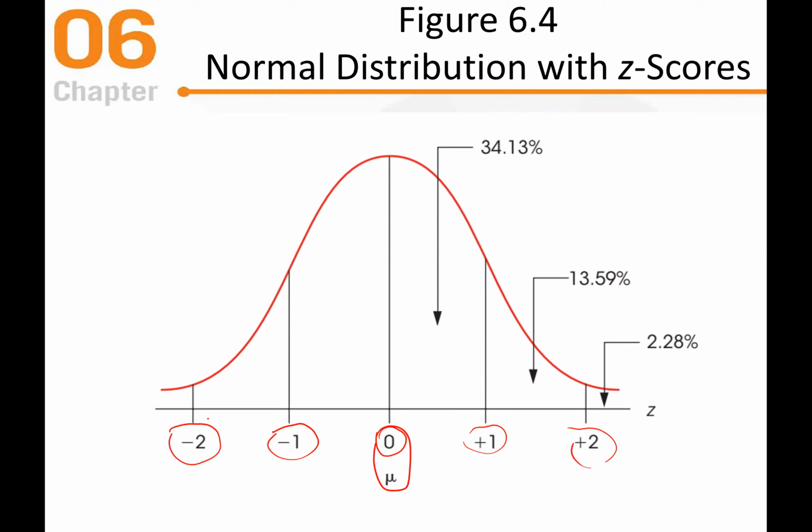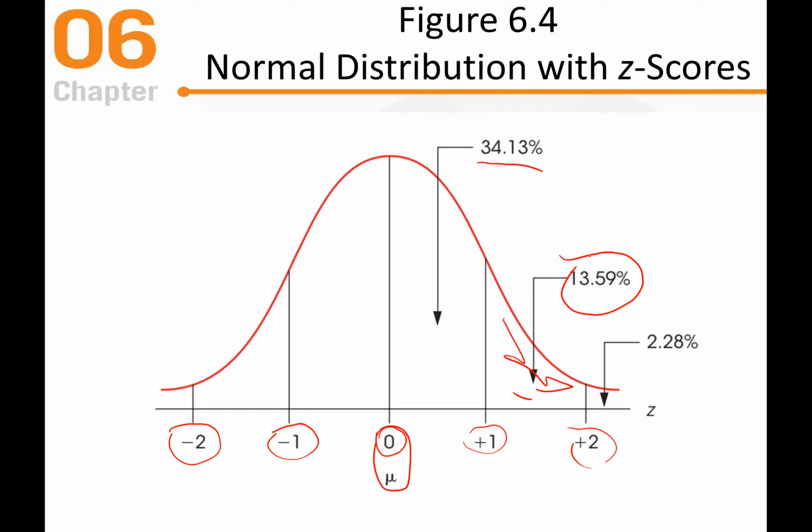Now, if we wanted to know the proportion of scores between the mean and 1 standard deviation above the mean, that is going to be 34.13%. If we wanted to know the percentage of scores between 1 standard deviation above the mean and 2, well, that's this right here, so that's going to be 13.59%.